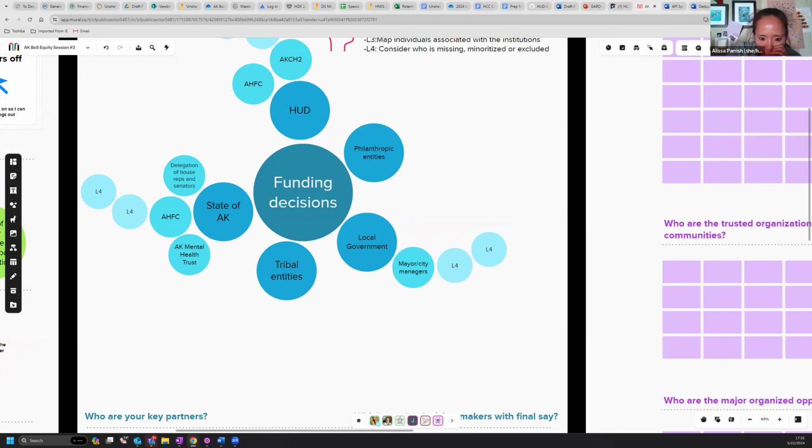And somebody wrote up here, in theory, citizens have a stake in the government choices. So at this local government level, I see the in theory part, but is that happening in reality? Or is it more that their voices may be missing, minoritized or excluded? I think Helen stated it beautifully with the word voters.